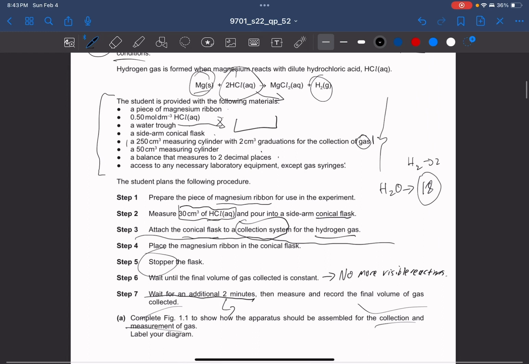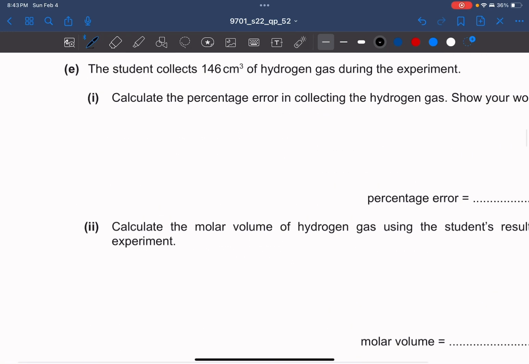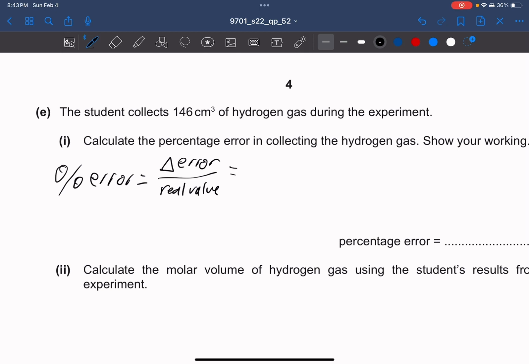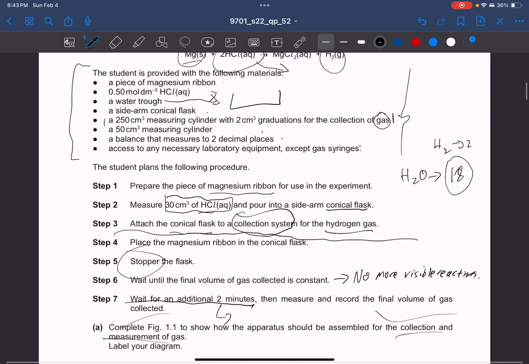I think it's better if I just write the formula first. So percentage error is going to be the delta error over the real value. So we have to find the delta error here, which is our maximum error.